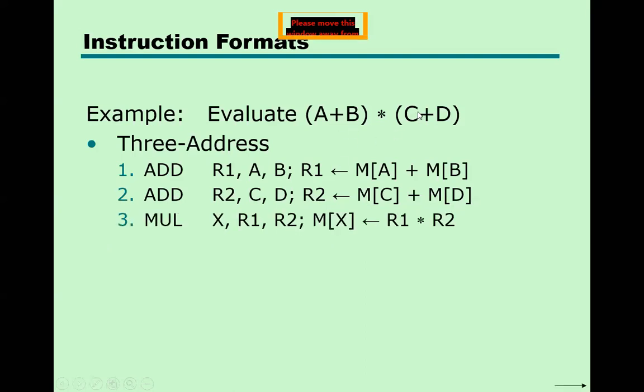Now R1 and R2 are calculated, and we have to multiply. It is very simple: MUL X, R1, R2. After R1 and R2 multiplication, the result will be stored into X. The same explanation applies, showing what kind of operation is performed. So by using 3 addresses, we can evaluate this equation.